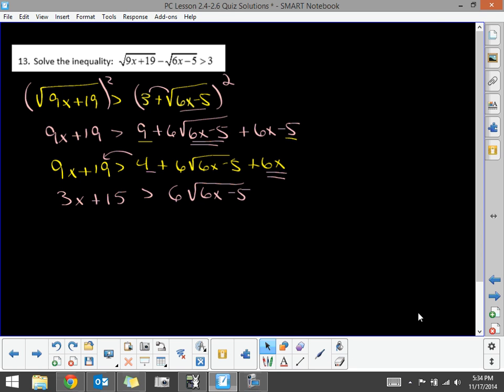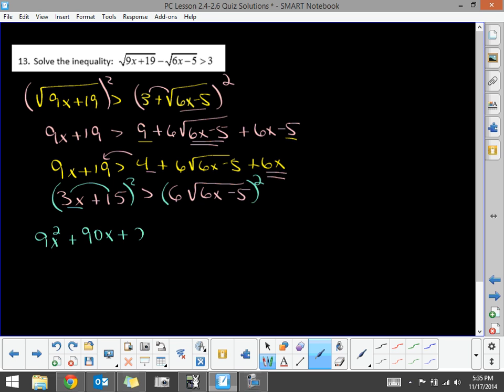Now I'm not in a big hurry to move that 6 over, because if I divide by 6, I'll create fractions on the left side, so I'm going to square it in this present form. So I'm going to square the left side and square the right side. Again, the purpose of squaring is to undo our radical, the square root. If we square a binomial, we'll get 9x squared. This is 45, and then doubled is 90x, plus 15 squared is 225, greater than.